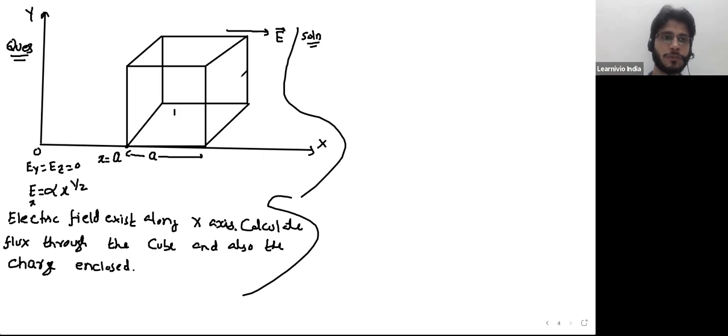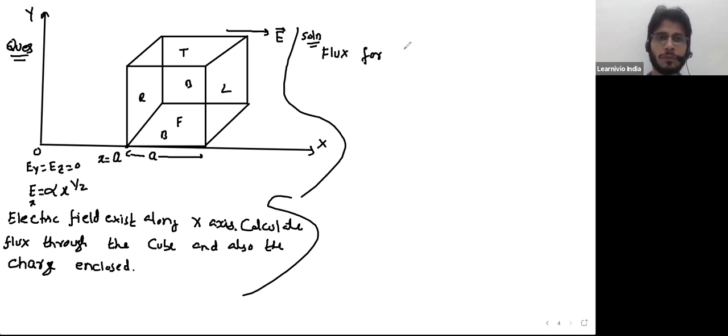Like this is the left face, this is the right face, this is the top face, this is the bottom face, this is the front face, and this is the back face. So we divide the cube in 6 faces, then we will calculate flux for each of the faces one by one. It's a lengthy question, usually comes in 5 marker questions. So first of all, let's calculate flux for the left face.